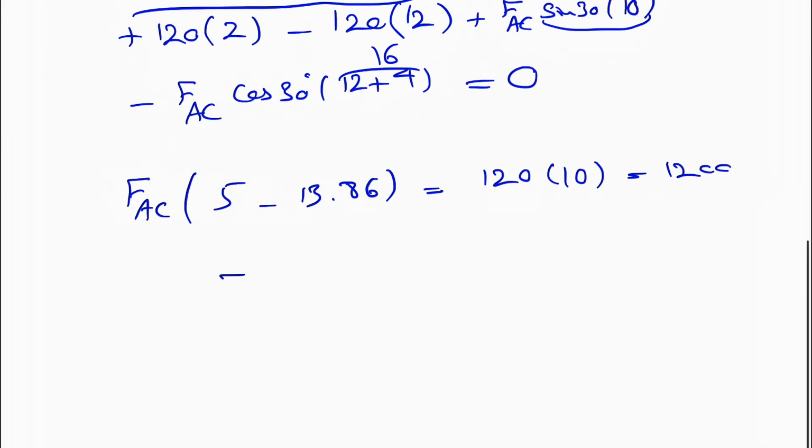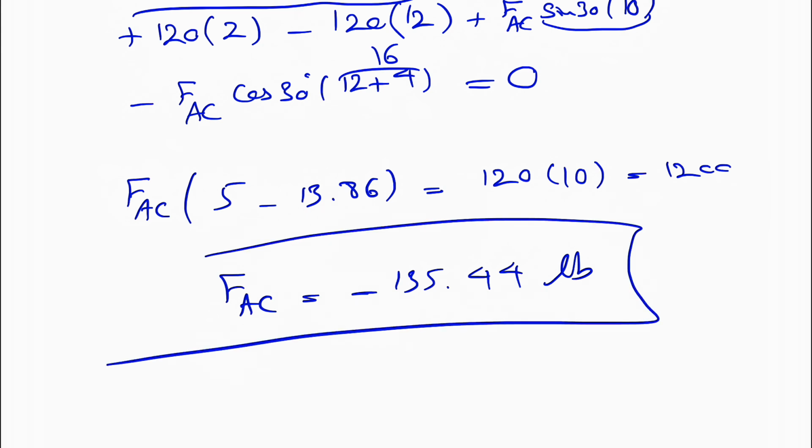So here, if we calculate FAC, we're going to get a negative sign, as we can see. So 1200 divided by 5 minus 13.86, and that's going to be minus 135.44 pounds, and we got a negative sign, meaning our FAC is in the opposite direction.